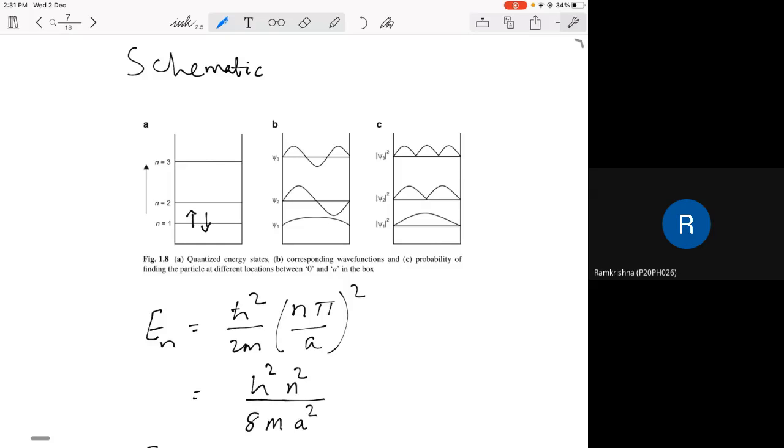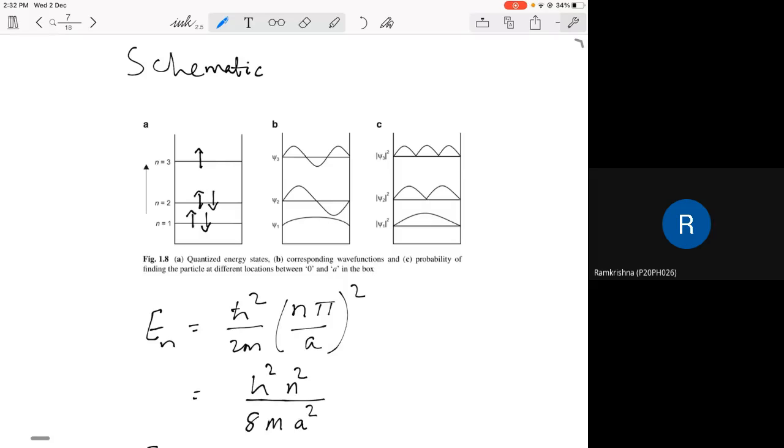So if I have, let's say, 5 electrons, I first put 2 electrons in the ground state, and then 2 more in the first excited state, and then I put 1 more in the next, n equal to 3, the second excited state. And that is how you can fill up different energy levels.